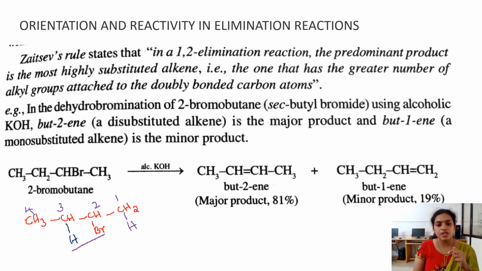Conversely, if the elimination takes place like this, you will end up with 1-butene. From the data given, we understand that elimination takes place to form 2-butene. 2-butene is the major product, which means that elimination has taken place like this, so that a double bond is formed between the second and third carbon atoms.